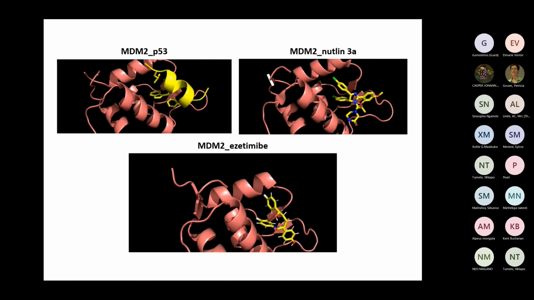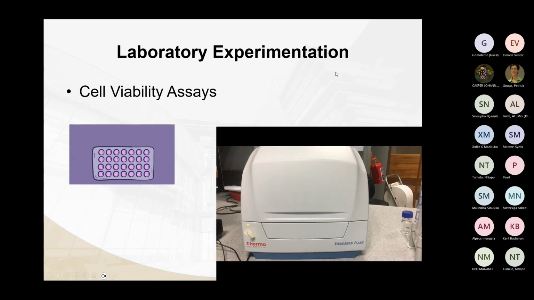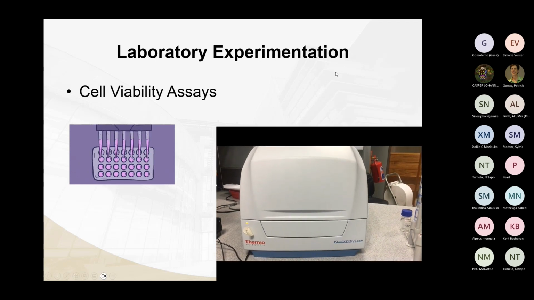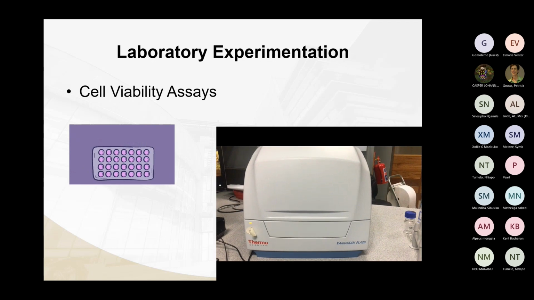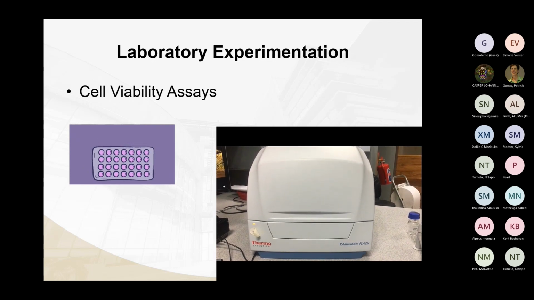So once we have confirmed this computationally, we then move to the labs and we do this using various assays. And this is one of the machines that help us determine the level of cell death and cell viability in the lab.